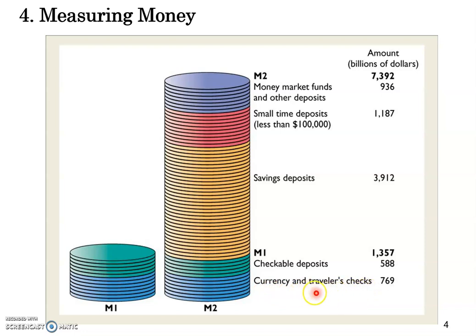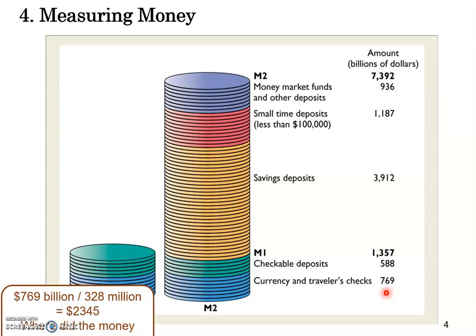Actually, traveler's checks are a relatively small portion in this part because the vast majority is just cash, the green pieces of paper in our pocket. Now, the interesting thing here is you find this number is $769 billion circulating.